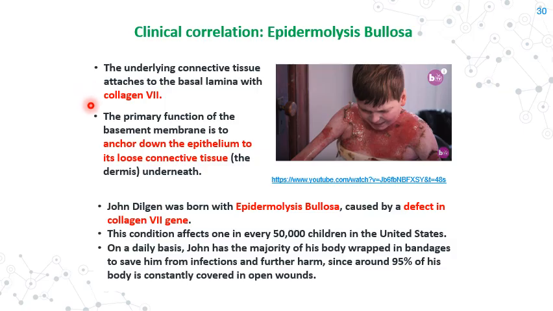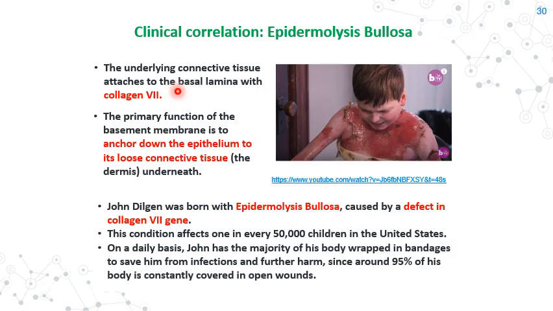And when you look at collagen type 7, this collagen is very important for adhesion of the skin to the underneath tissue, to the connective tissue. When this collagen is messed up, your skin does not adhere to the connective tissue underneath.